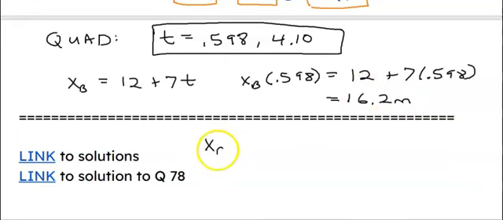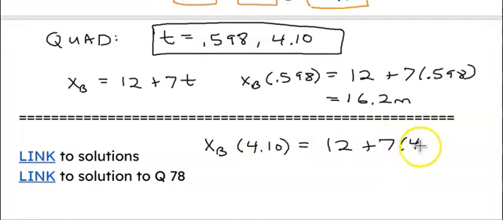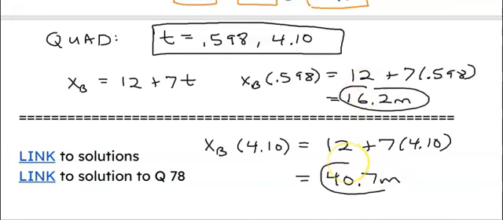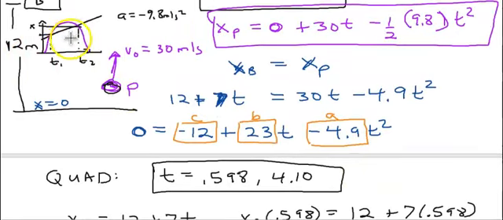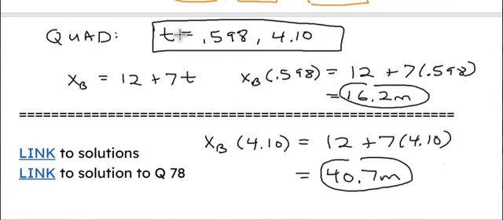And then we're going to take that same position function evaluated at the later time, and you get 40.7 meters. 16.2 and 40.7. I did not draw these necessarily to scale, but I guess the second one does happen higher. So those are your two answers.